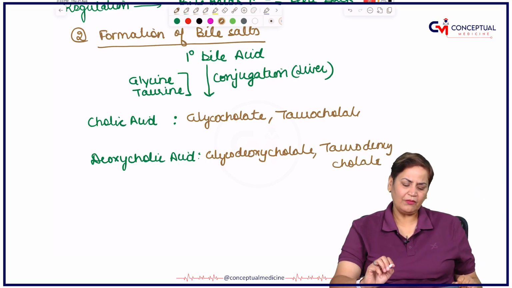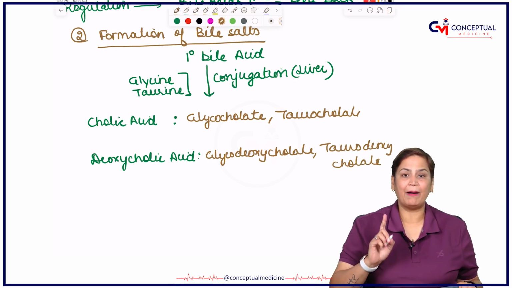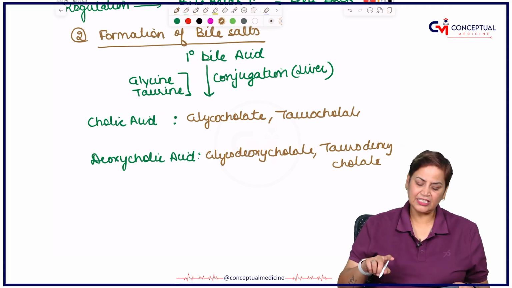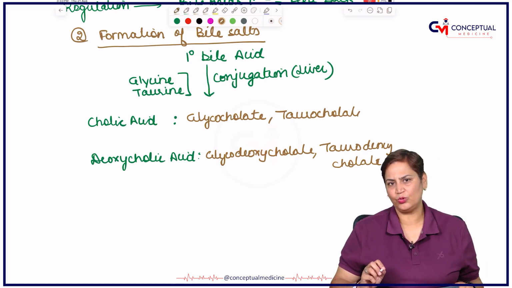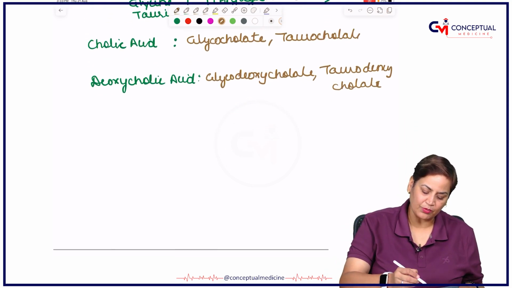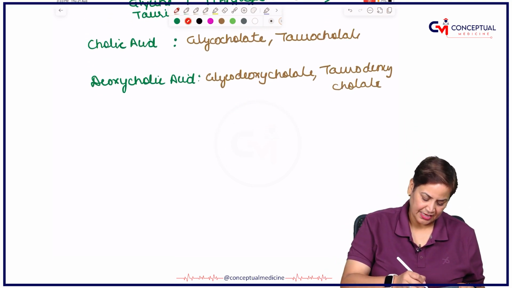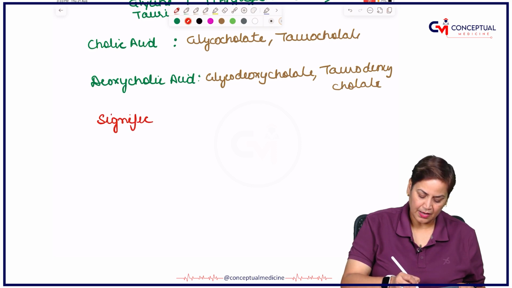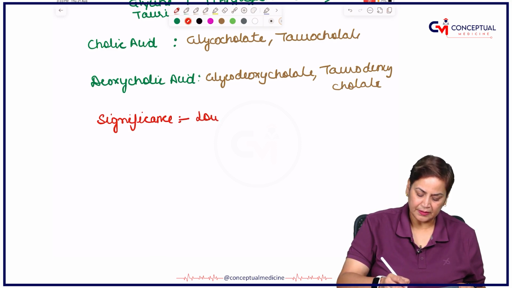Right. So always remember, first of all, the bile acids are produced. These bile acids will undergo conjugation to form bile salts. Now once the bile salts are produced, what is the significance? The significance is these bile salts lower the pKa.